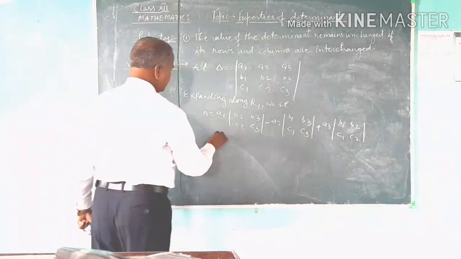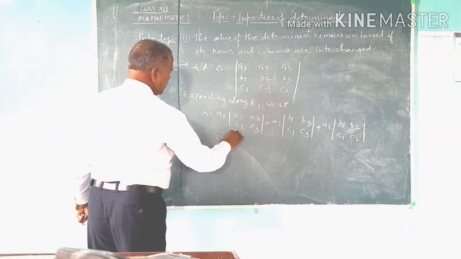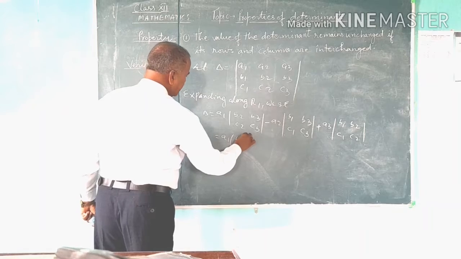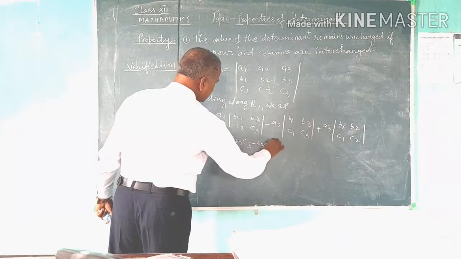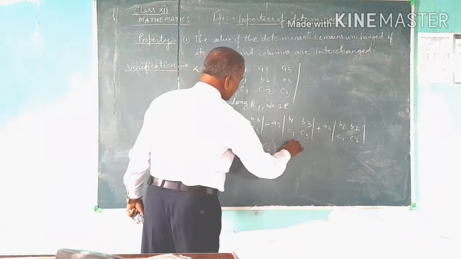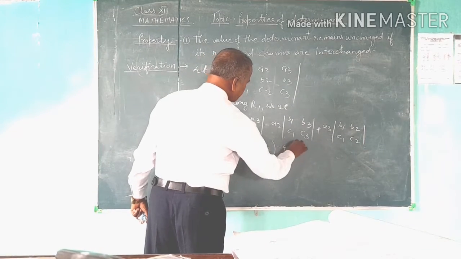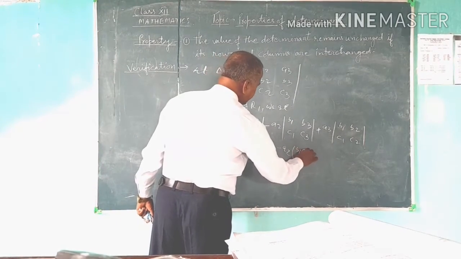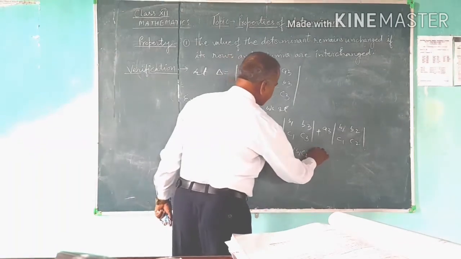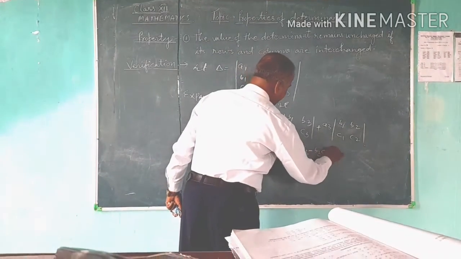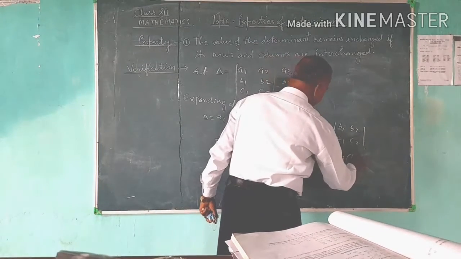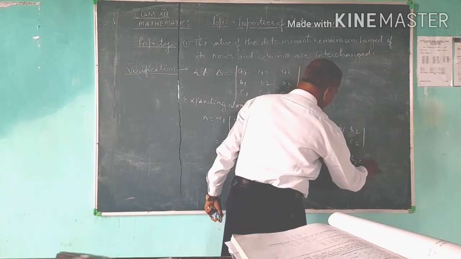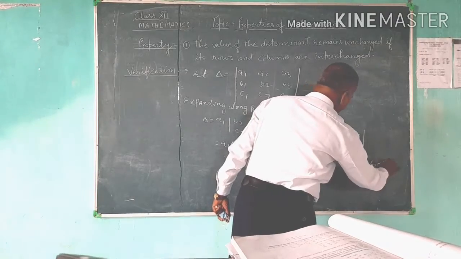So this is equal to A1(B2 C3 minus B3 C2) minus A2(B1 C3 minus B3 C1) plus A3(B1 C2 minus B2 C1).